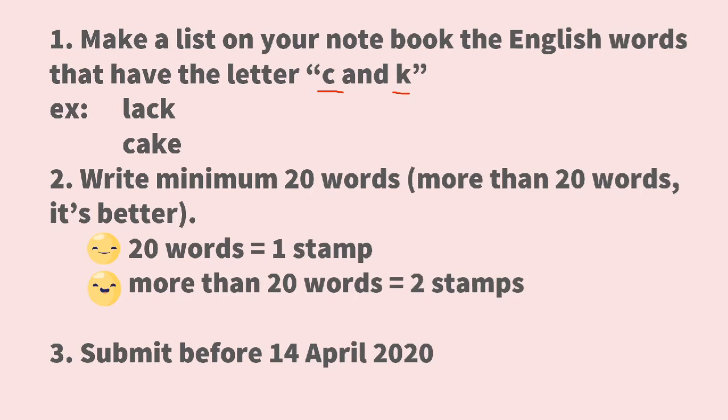Remember, you have to list all the English words that have C and K, not C or K, but both of them in one word. For example, lack. Can you see C and K here? Cake. Can you see C and K here? Okay.